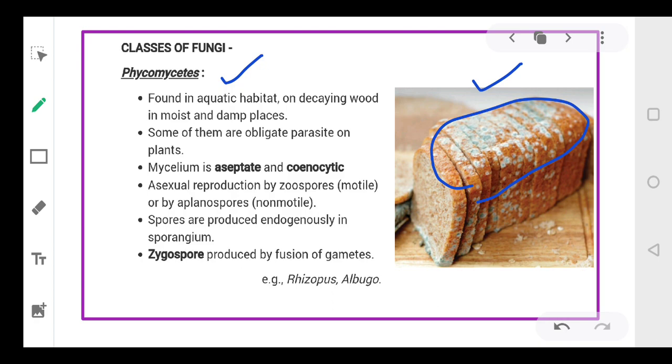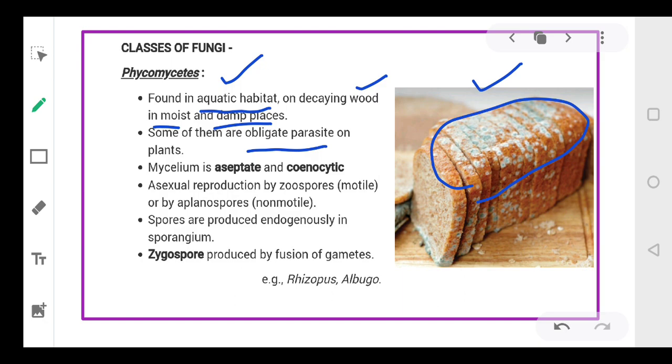Generally, this type of fungus is found in aquatic habitats or on decaying wood. Wood that is rotting, in water, anywhere there are moist or damp places. Only in such places will this particular fungus be present. And some of them are obligate parasites. Obligate means they will definitely be parasites only.